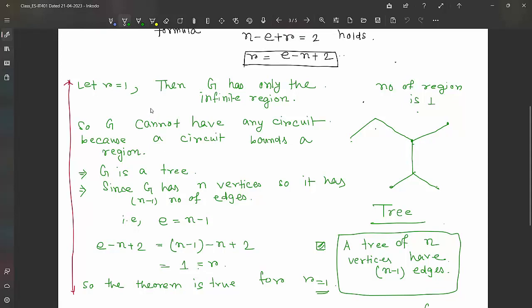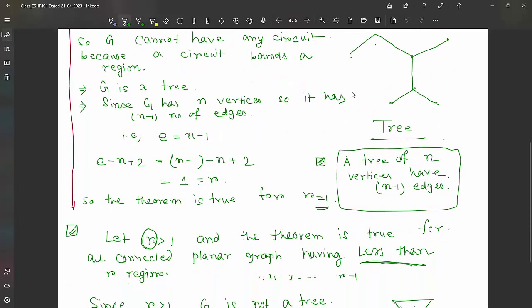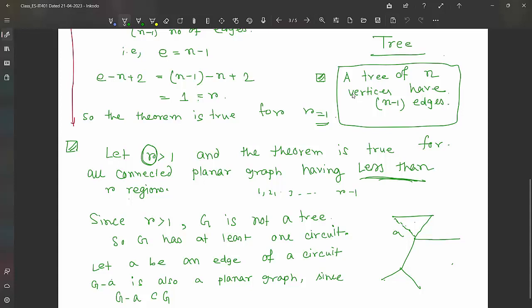So first, like the induction process. So in the induction, we first prove or verify that this hypothesis is true for R is equal to 1. After that, we have taken any R which is greater than 1, and we assume that for any values less than R, this hypothesis is true. That means this hypothesis is true for 1, 2, 3, 4, and up to R minus 1 number of regions.